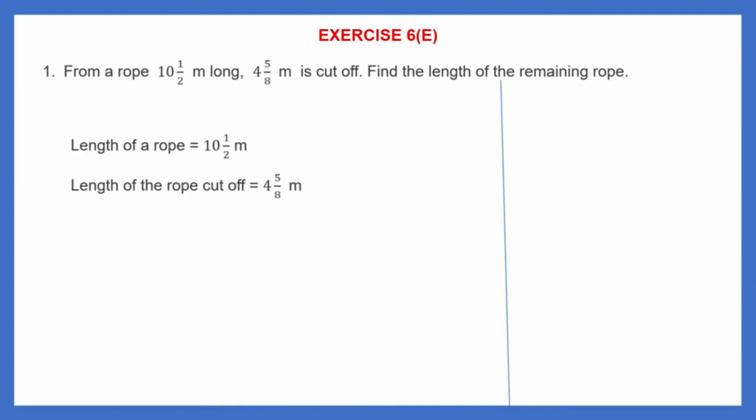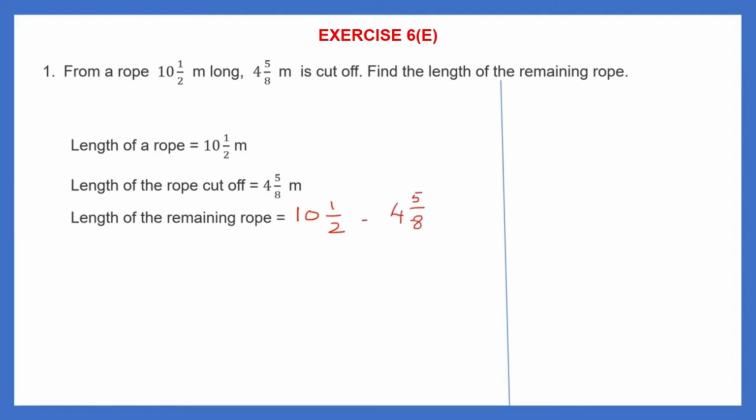So I want you to imagine there is a rope which is about 10 1 by 2 meters long. From that a small portion is cut off. So to find the length of the remaining rope, we have to subtract. Let's find the length of the remaining rope. So we start with subtraction. I'm going to write down both these fractions. 10 1 by 2 minus 4 5 by 8.